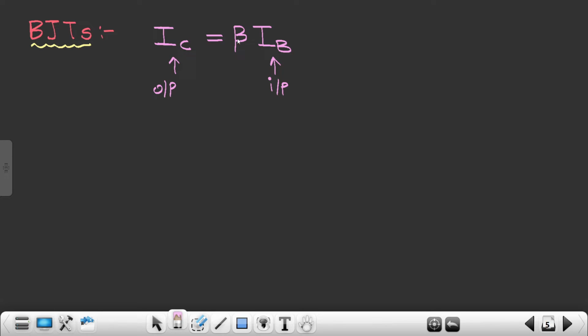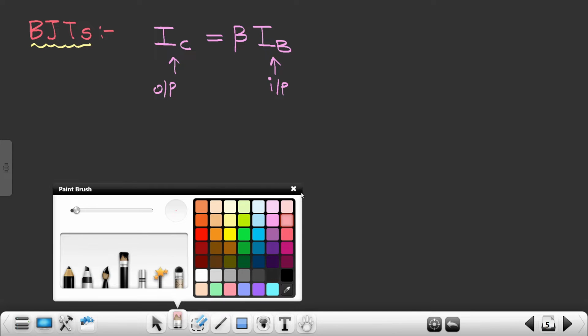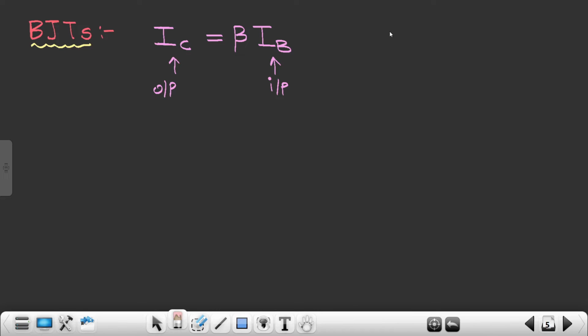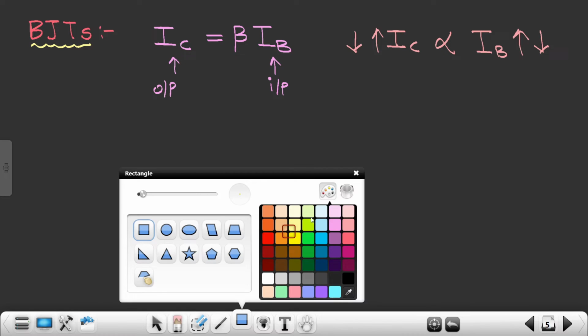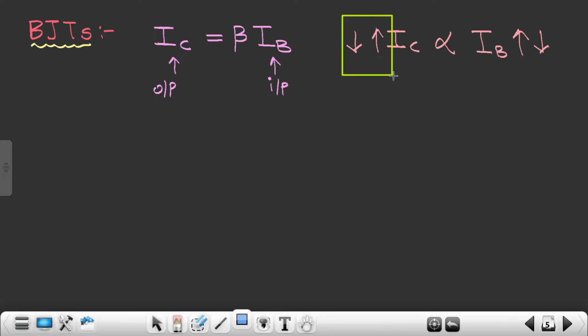So my output current is dependent on the input current. I can also say that my output current IC is proportional to the input current. So if my input current is increasing, the output current should also increase. On the contrary, if my input current is decreasing, the output current should also decrease, right? This is the basic understanding of the proportionality, and this is the point that we need to highlight.